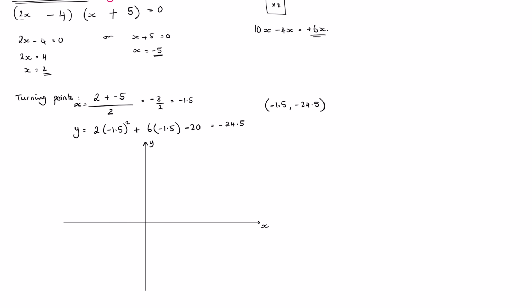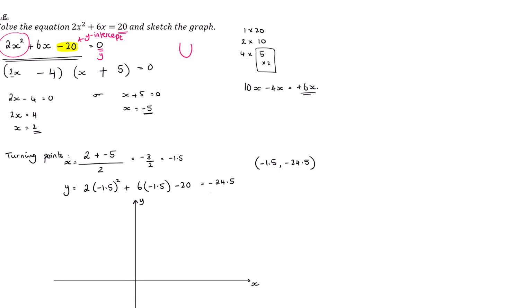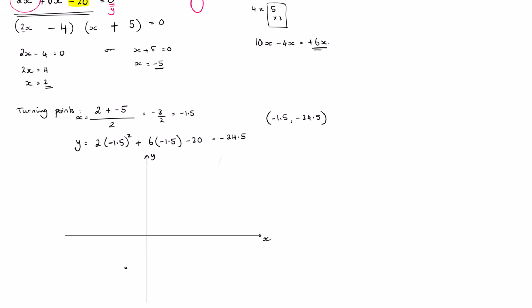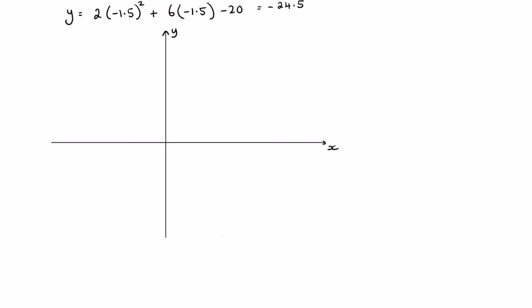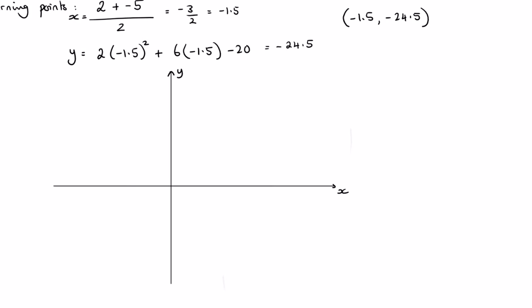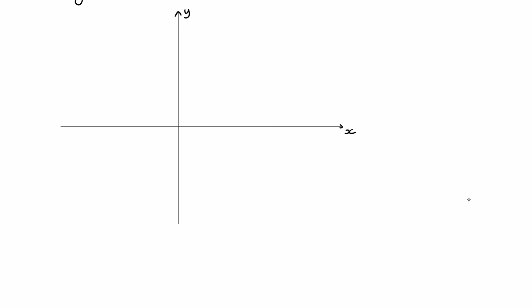And the turning point is going to be around here, because it's at minus 1.5. And the turning point is a bit lower than the y-intercept as well. So let's have a look. So it is 2 and minus 5, right.